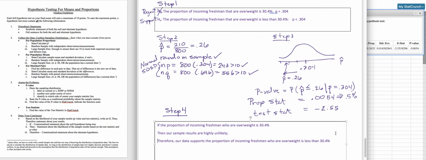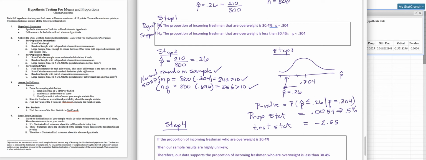But really, just the overarching idea here, we assumed 0.304 was the center. We came up with an outcome that is just too far away.